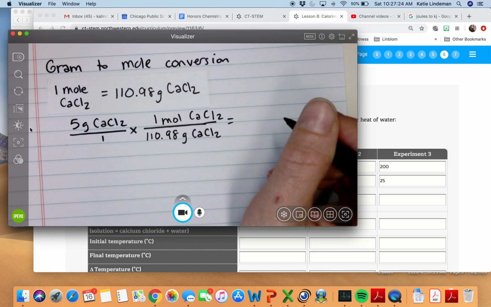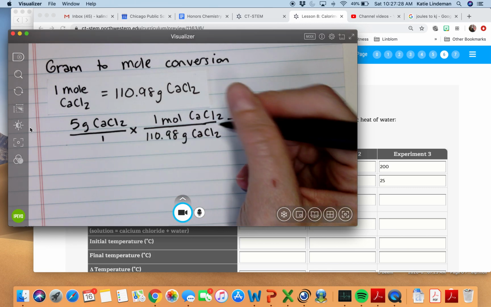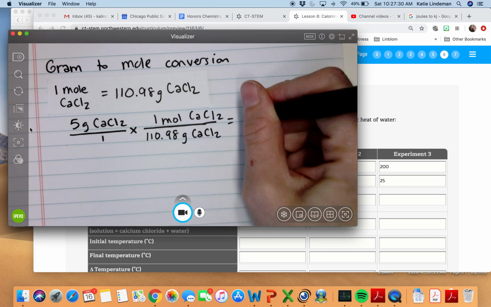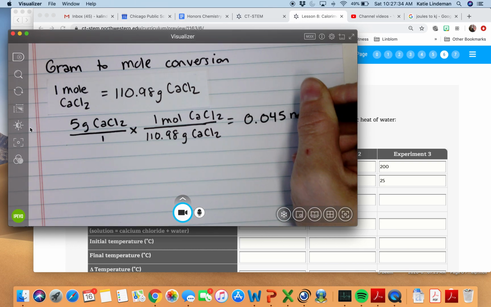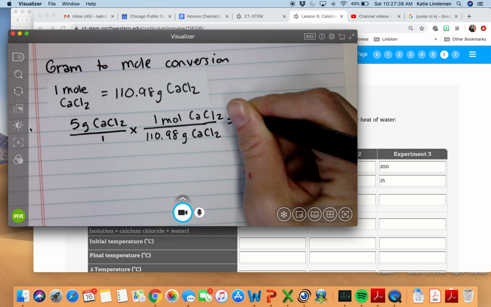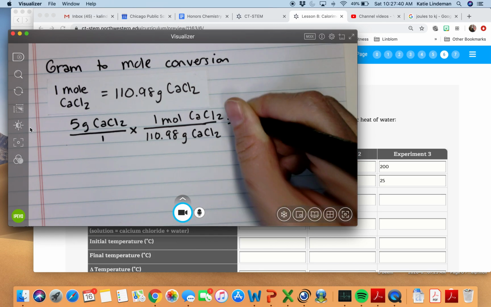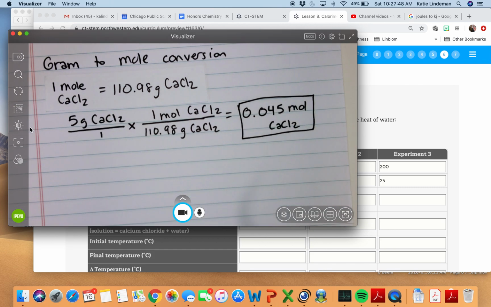Okay, so 5 times 1 divided by 110.98 is just 0.045 moles of calcium chloride. Okay, so as you're going through this, you are going to substitute whatever value you have chosen for grams here, but the rest of this would be the same.